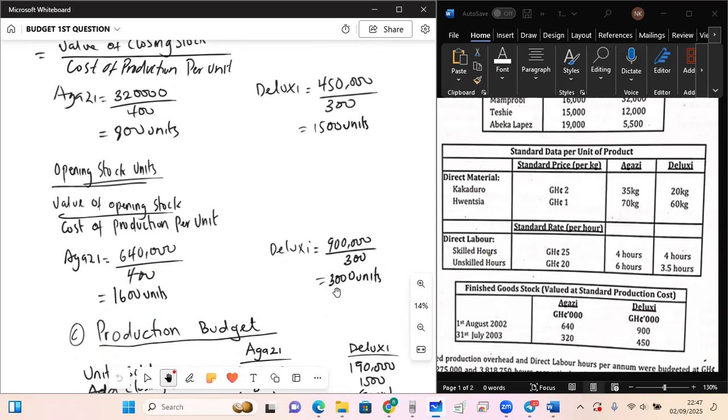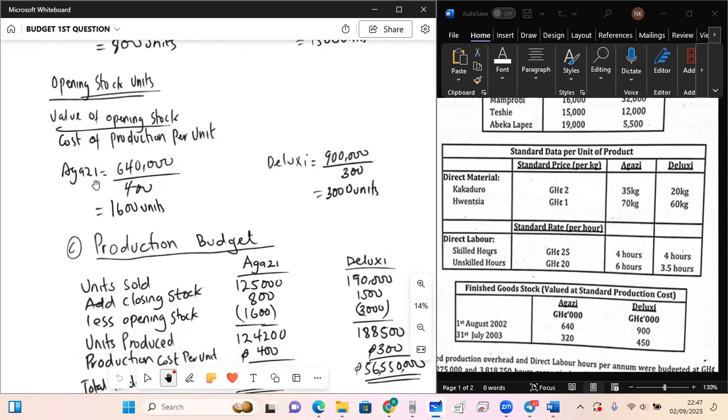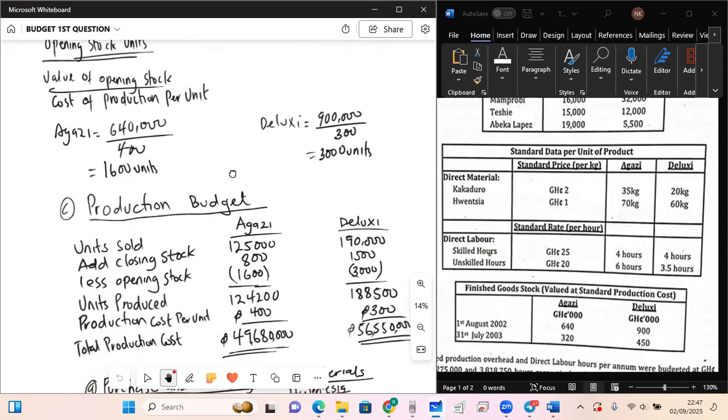Now we are going to get 3,000 units. So the opening stock for Agazi is 1,600 units, and then the opening stock for the Luxy is 3,000 units respectively. Now, because we have this information, we can move on to prepare our production budget.